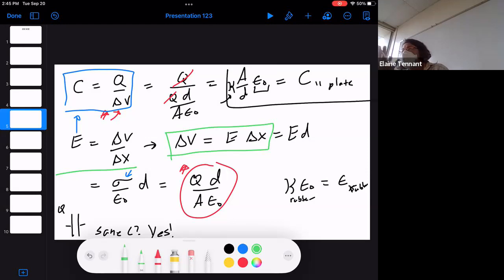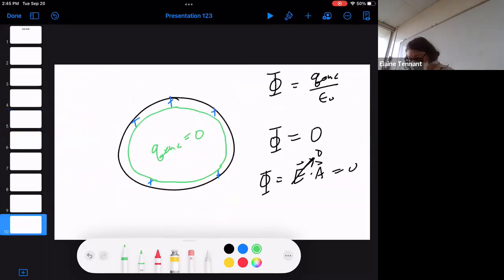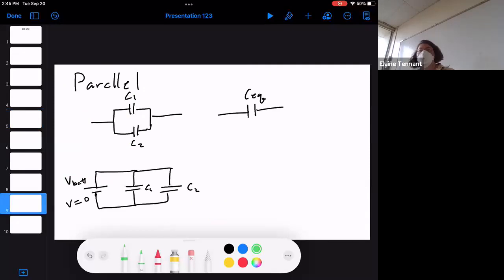Not 0, but I think I heard some constants out there, right? So it doesn't change. The change is 0, right? So that means that along these conducting wires, they're basically equipotentials. The potential is the same as long as you're just dealing with conductors. Sound okay?